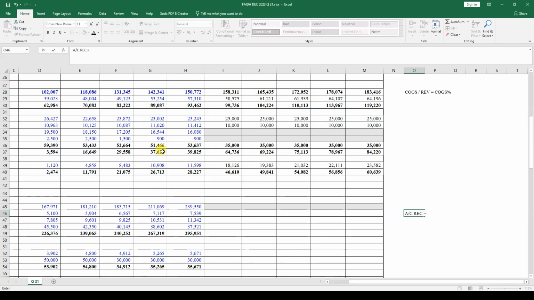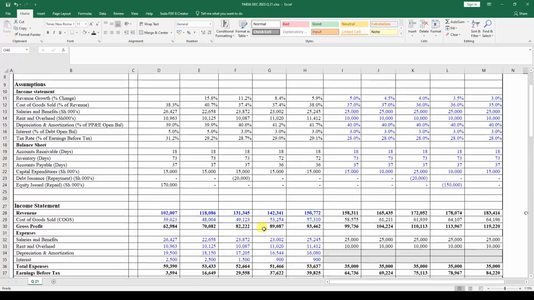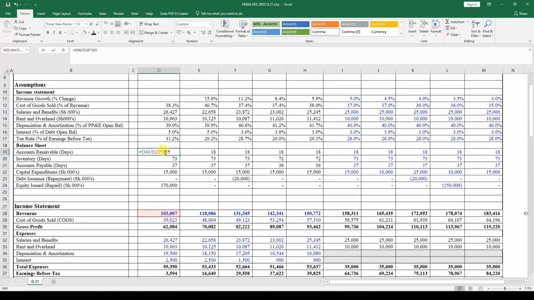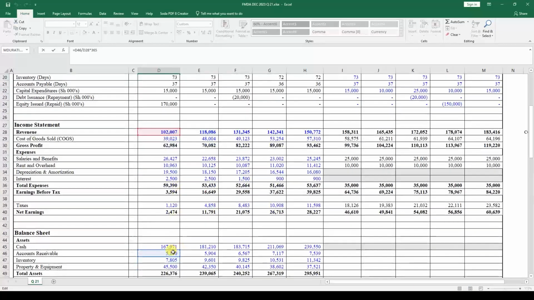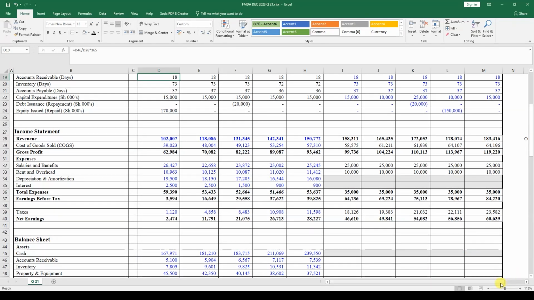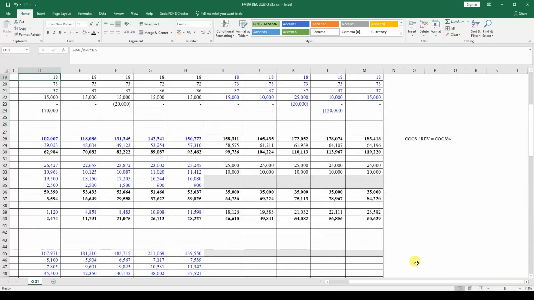Let me just tell you what we're going to do, because the formula is given to us right over here. You can see this is it. We are saying we're going to get the accounts receivable over the revenue times 365. So we're just going to do this. We are going to pick the days over here, accounts receivable days.